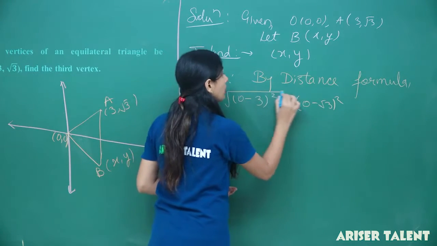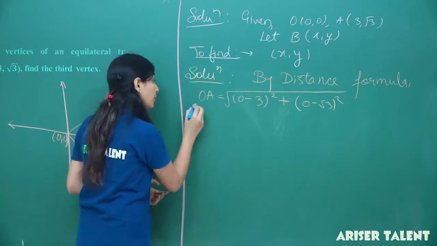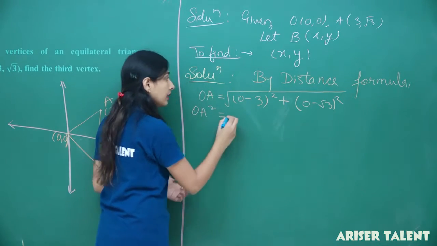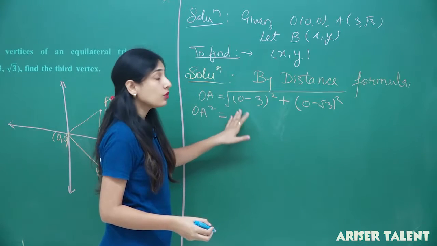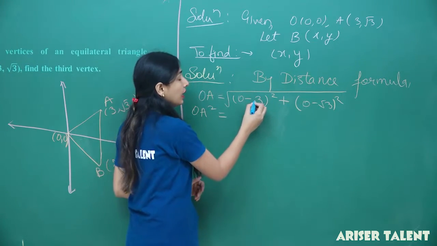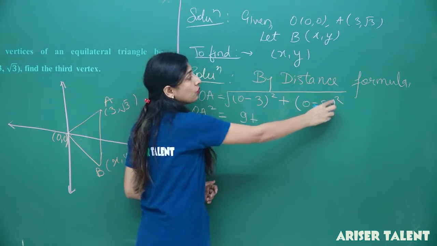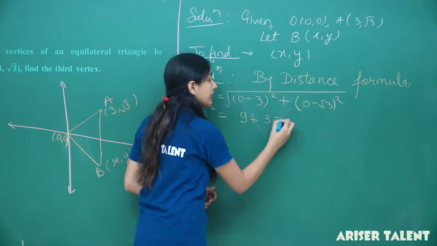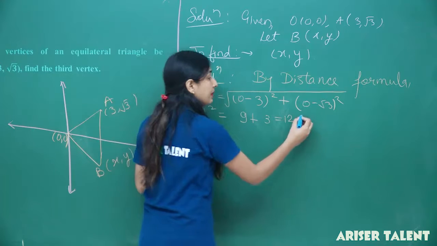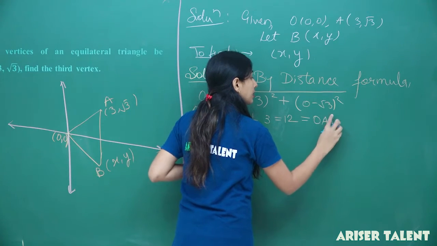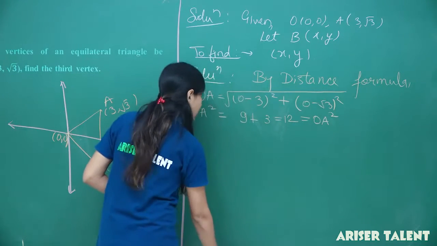So OA square equals what? The root will be eliminated. Minus 3 square is 9 and minus root 3 square is simply 3, which equals 12. That implies OA square equals 12.